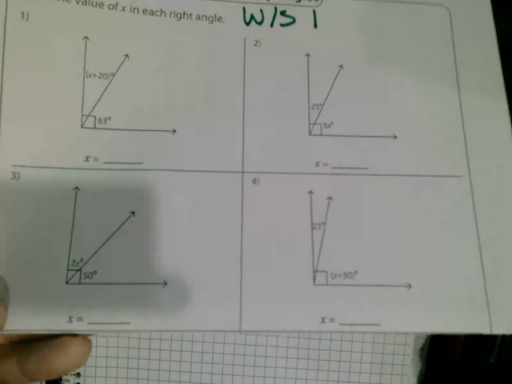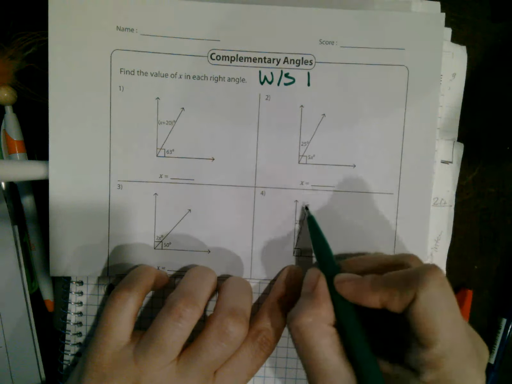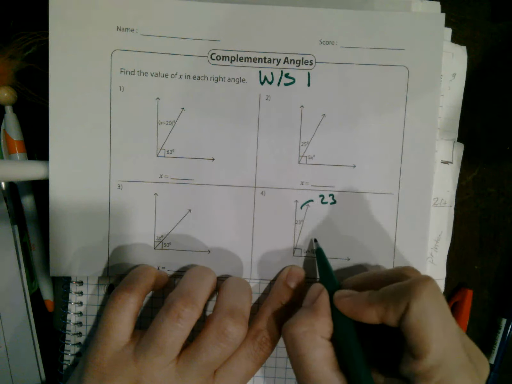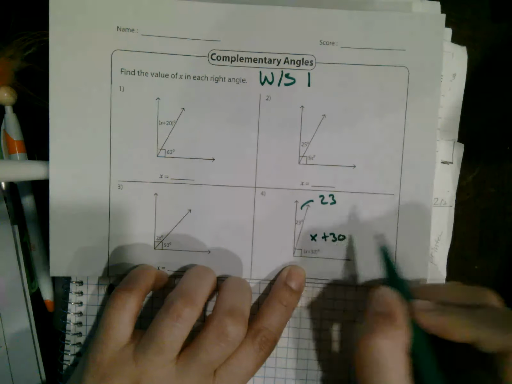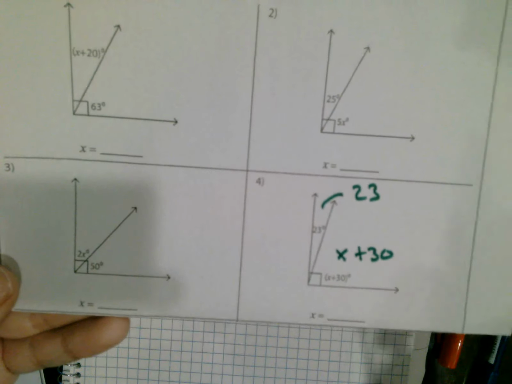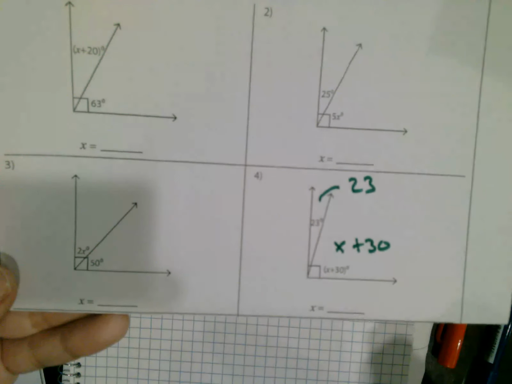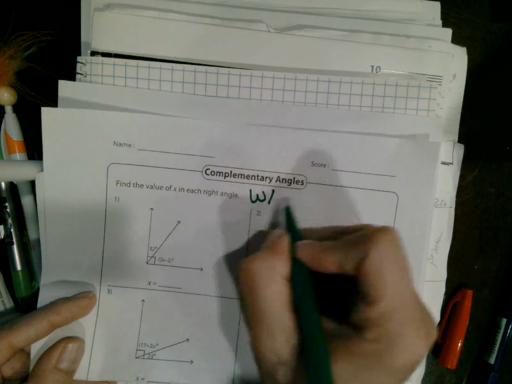Can you guys see that one clearly? This one is, that's 23. That's x plus 30. That's 5x, 5x. Maybe I'll take a picture and upload those 2. This is going to be worksheet 2.